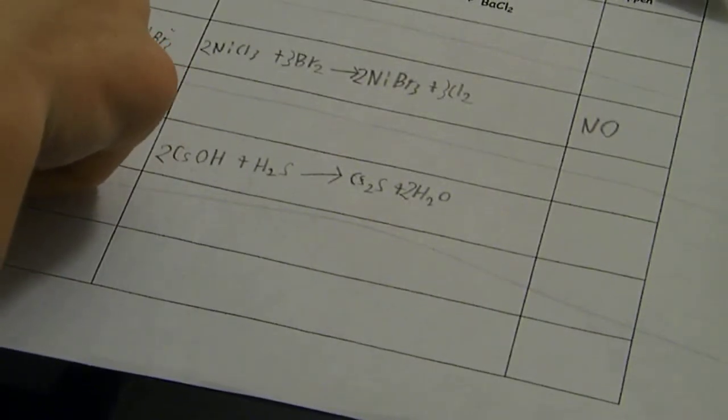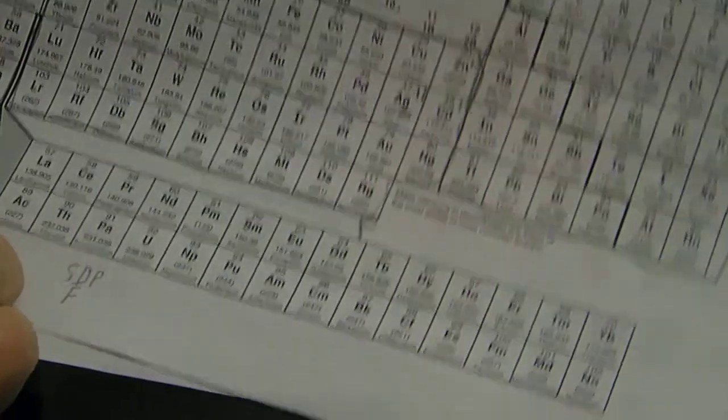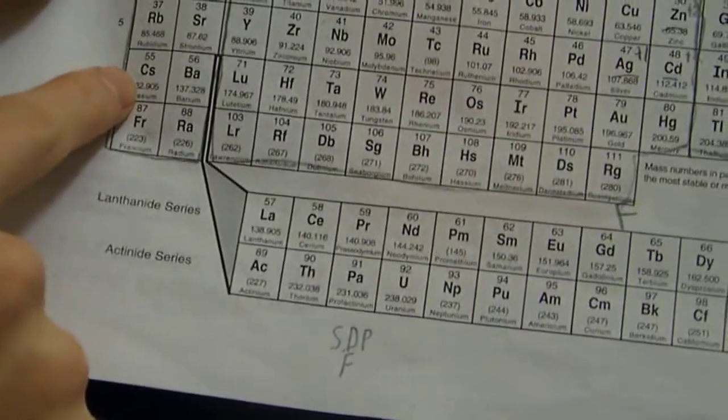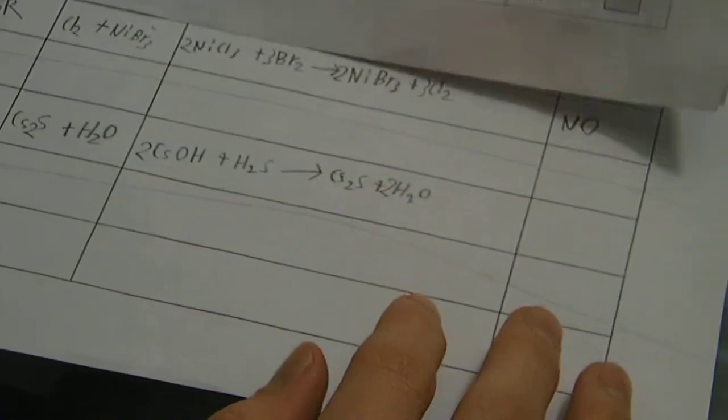S is normally insoluble, but it is with Cs, which is an alkali metal. So that means it really is soluble, because that's one of the exceptions, the alkali metals.